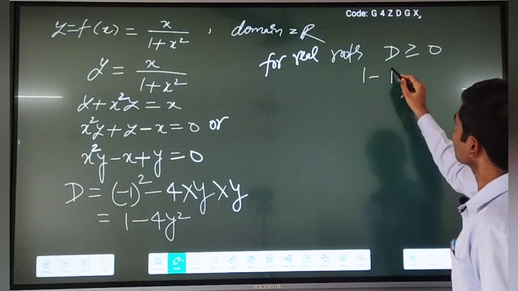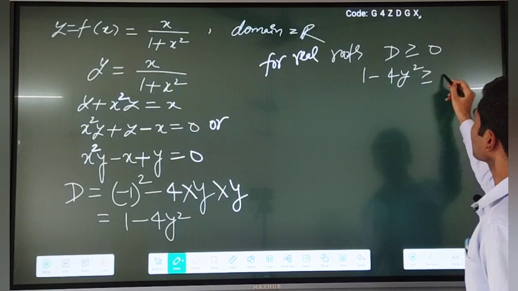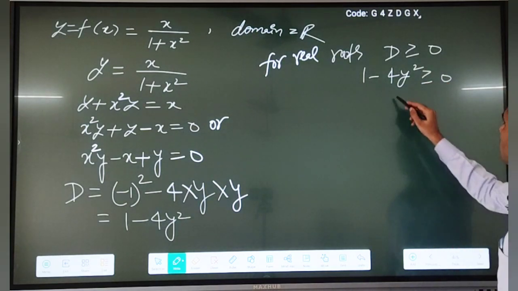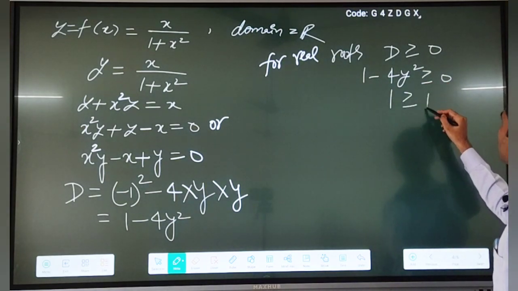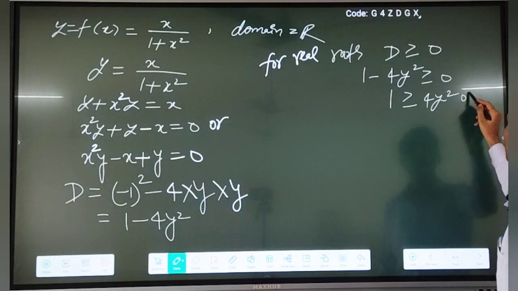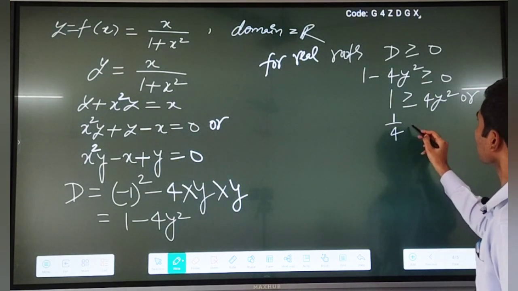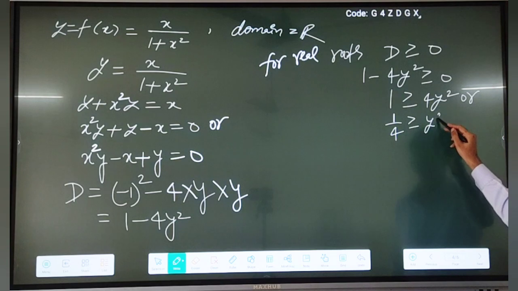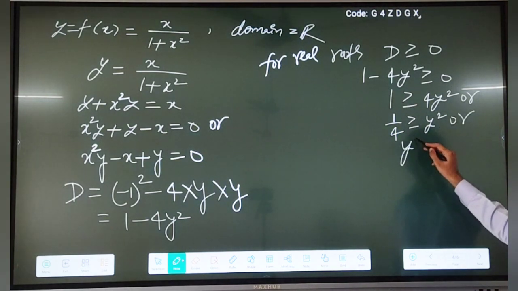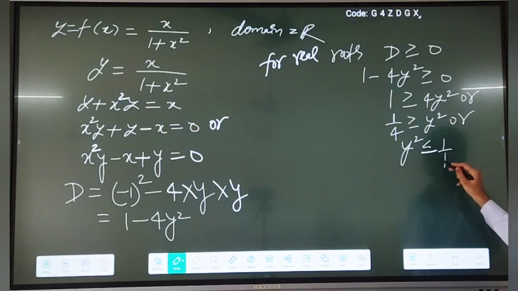So 1 minus 4y square should be greater than or equal to 0, correct? Or we can write 1 greater than or equal to 4y square, or 1 by 4 greater than or equal to y square, or y square less than or equal to 1 by 4.